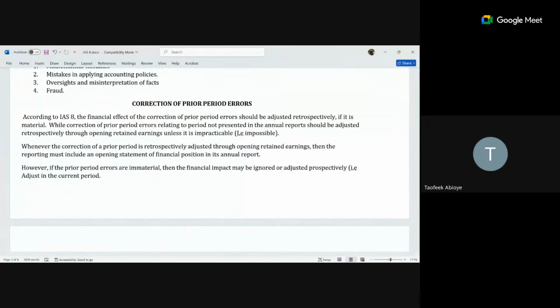That is, the retained earnings brought forward to this current year should be corrected. If it involves overstating of value, we should reduce that retained earnings. If it involves understating of value, we should increase the retained earnings brought forward.